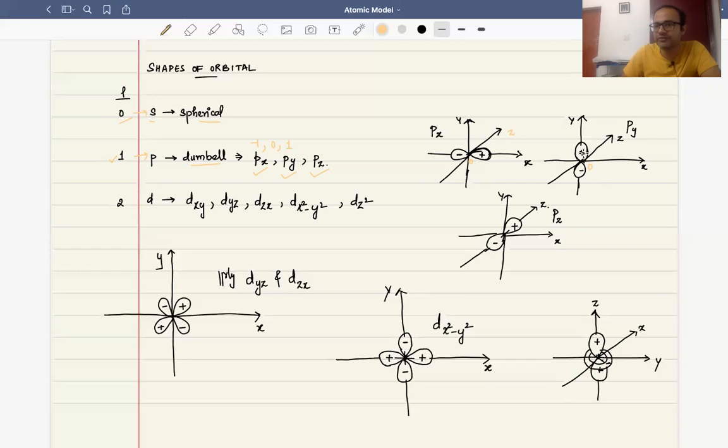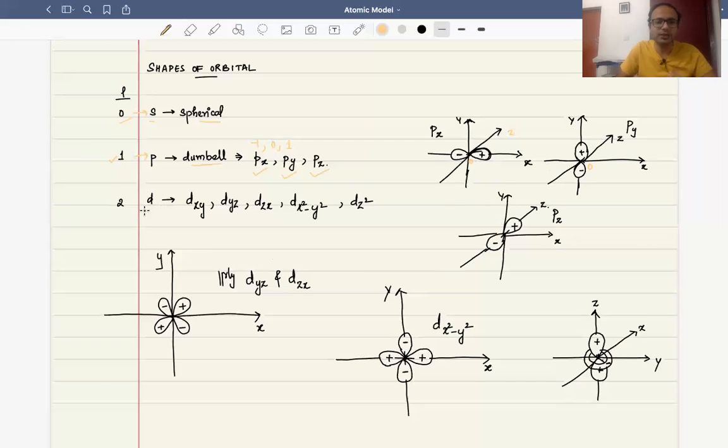So accordingly, the phase signs on these dumbbells would be positive and negative. And this is for your pz. Now the dumbbell is oriented along the z-axis, and this part is your positive z-axis, so it would be plus, and this would be your negative z-axis. So this is how, if you're asked to draw the shapes of the p subshell, you can easily draw them. These are the various orbitals present in the p subshell: px, py, and pz.